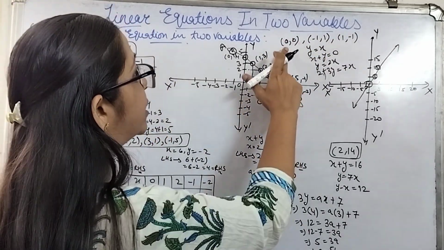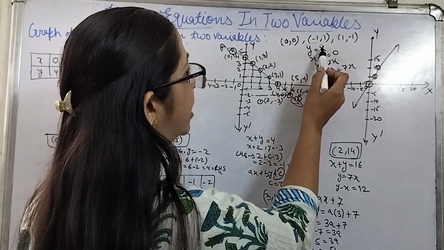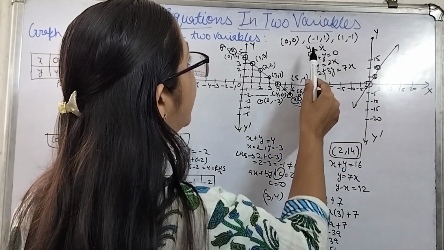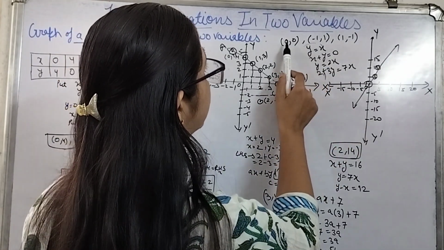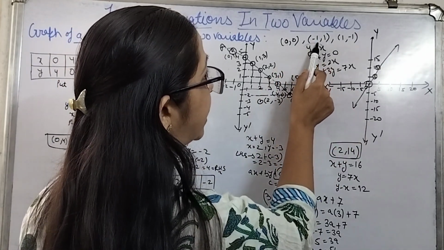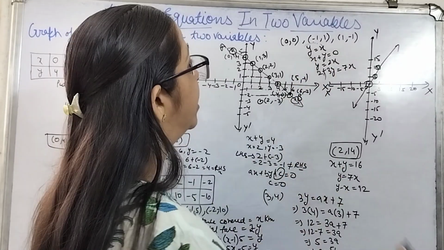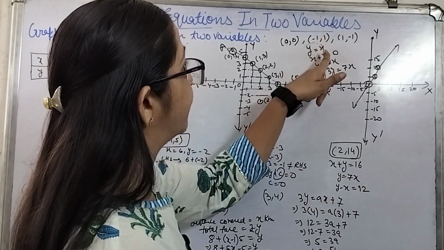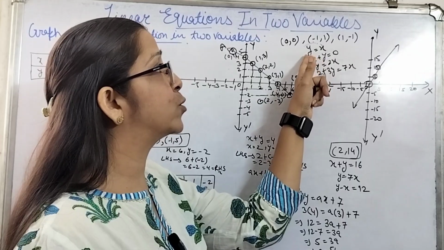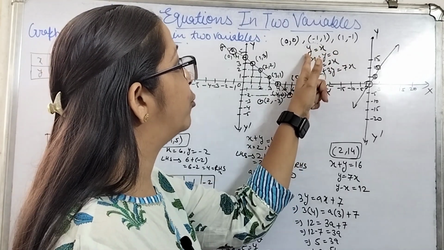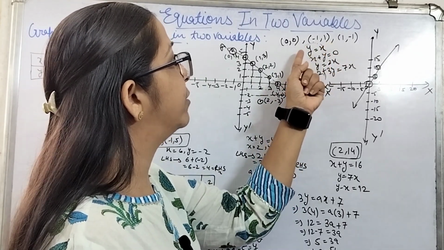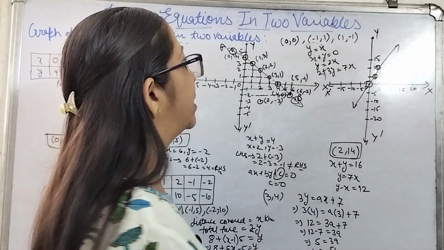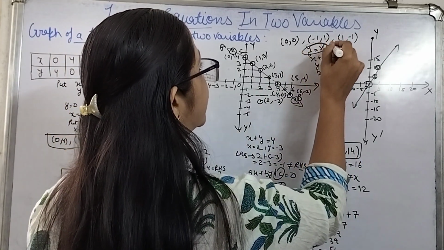See over here, 0 is equivalent to 0, it is satisfying this equation. If x is 0, y is also 0. Now check the other point, minus 1, 1. If x is minus 1, y will also be minus 1 in that case, because x is equivalent to y. Whatsoever the value of x will be, the value of y will be the same. That simply means it is not the equation.